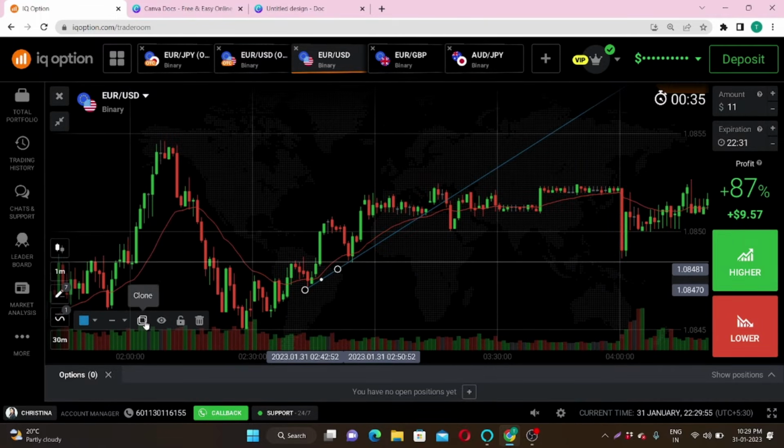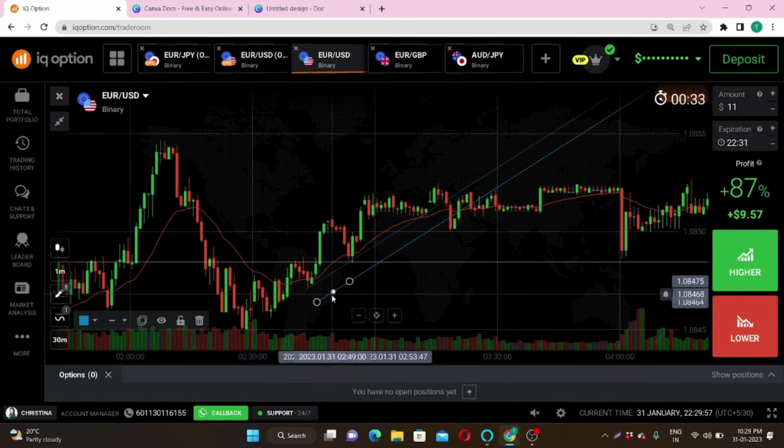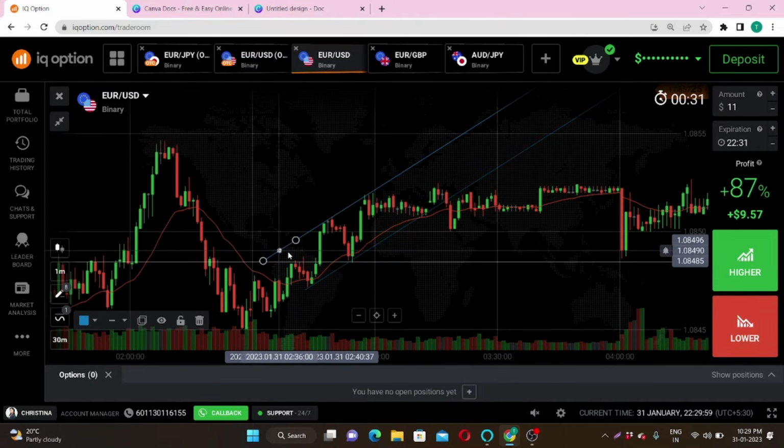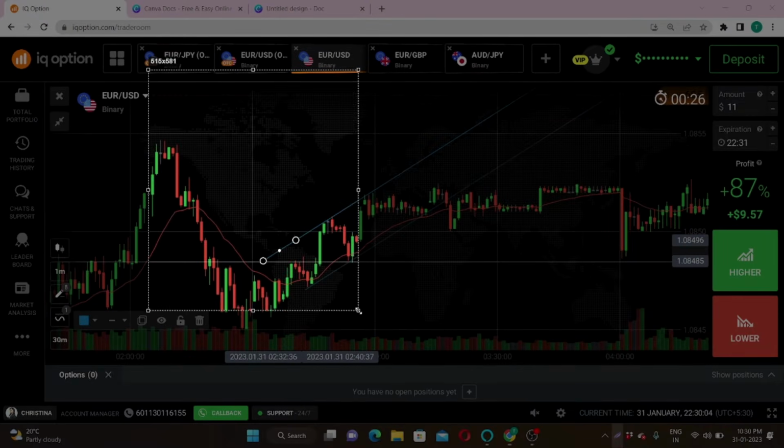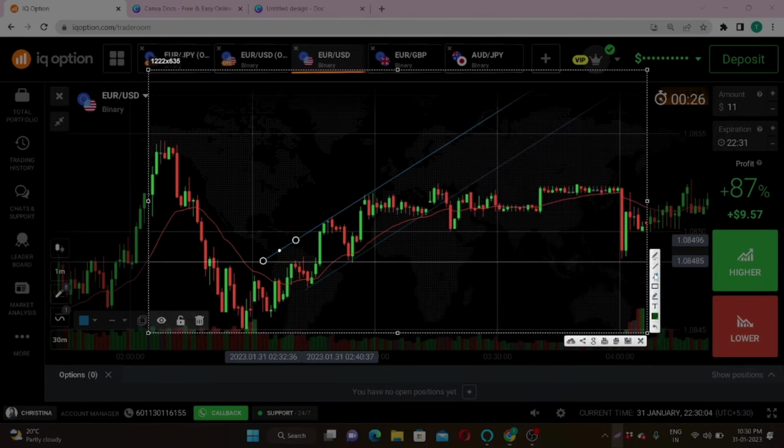Now I will take a clone of this and I will keep it on the top of this. Can you see, I will show you. The placement is very important. So here you can see 1. This point I have connected, and this is the level, this is a support that has become a resistance.